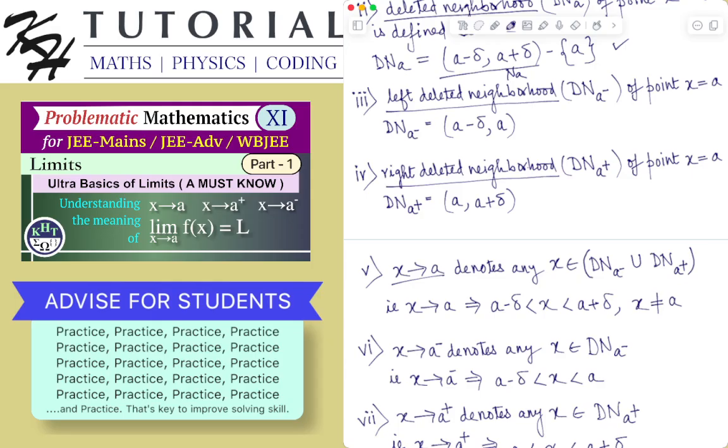Now this notation is not mentioning a very specific value of x. No, x tending to a does not mean a specific value of x.